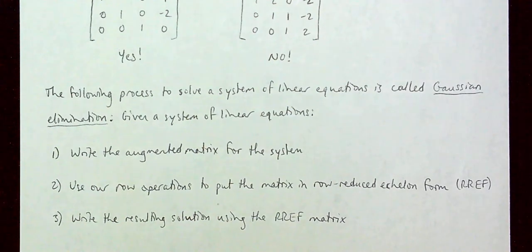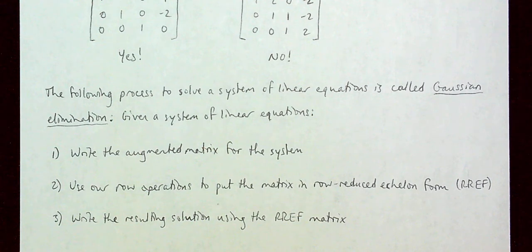Gauss comes from a very famous mathematician, Carl Friedrich Gauss. If you want to learn more about the history of math, I suggest you look that up on your own. Not going to spend time on that here.